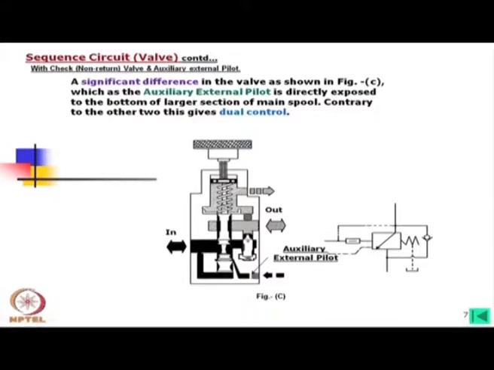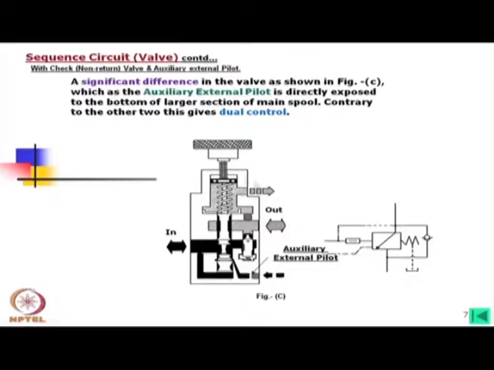Now, in this valve, what this check valve is there, as well as there is an auxiliary external port pilot. In this case what we find, this valve is normally with internal piloting, but as well there is also external piloting.